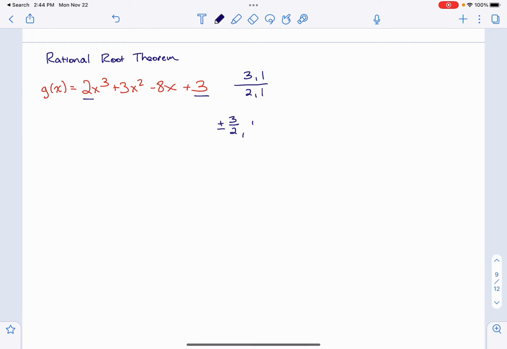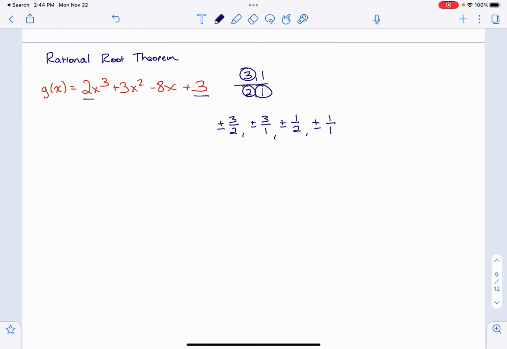Then we have plus or minus 3 over 1, plus or minus 1 over 2, and plus or minus 1 over 1. So all I'm doing is taking each factor in the numerator over each factor in the denominator.